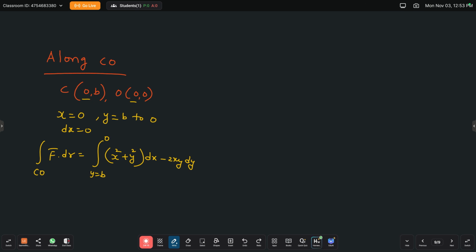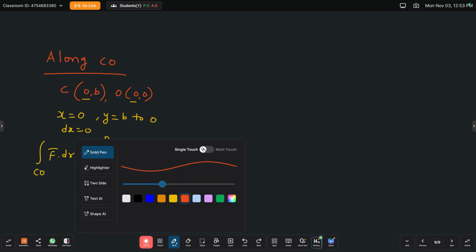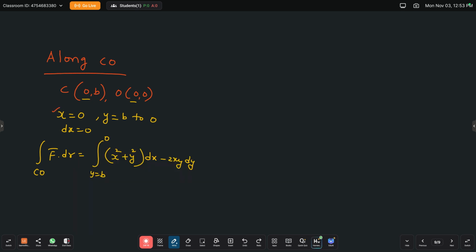Now replace the above limits here. x is clearly 0, dx is 0, so this term is clearly 0, minus this x also 0. You will get totally 0. That means there is no value along CO direction. It is the fourth value.